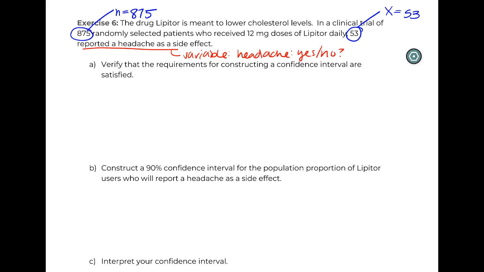So I just want to get you thinking about this idea that our variable that we're actually going to describe using this distribution is a categorical variable with yes or no.